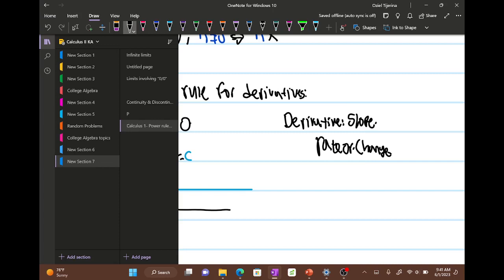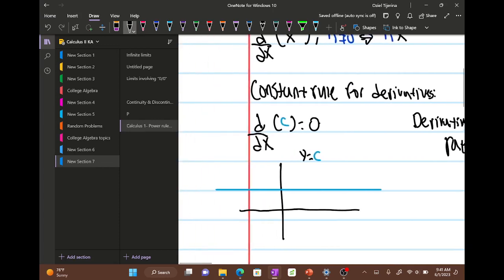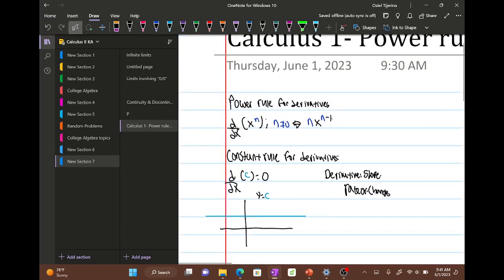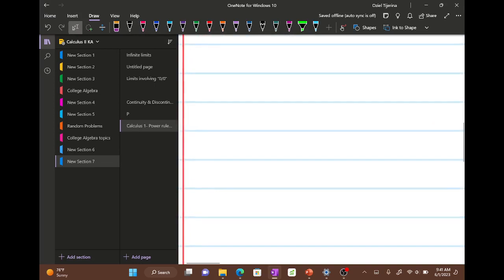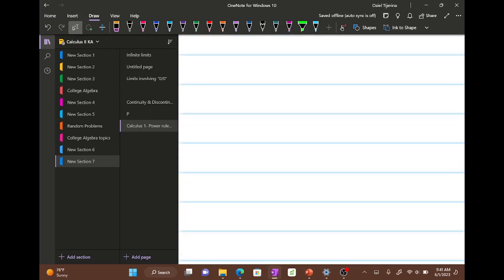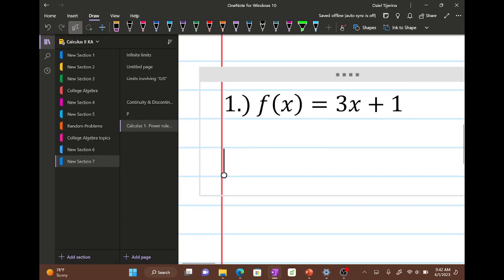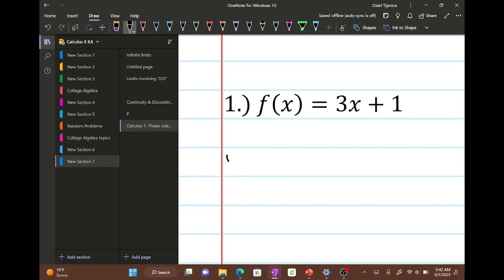Basically I want to use these rules to go over a few examples. By the way guys, there are certain properties as well, and I want to list those out before we get started, because these are very important.